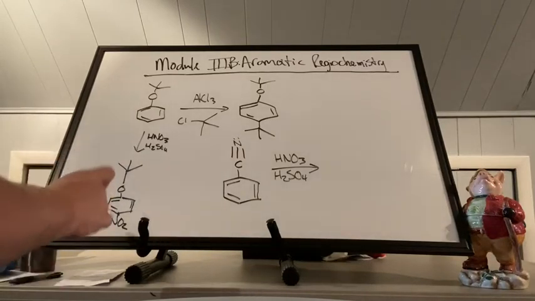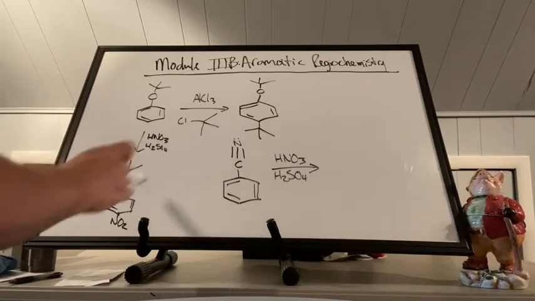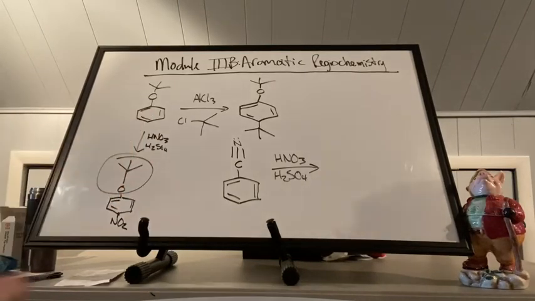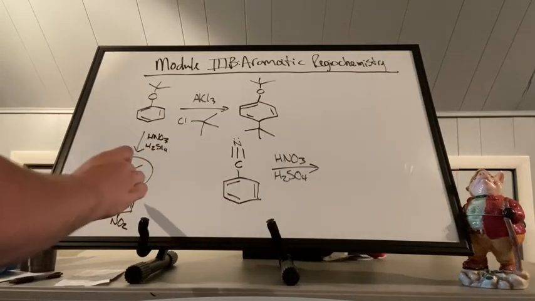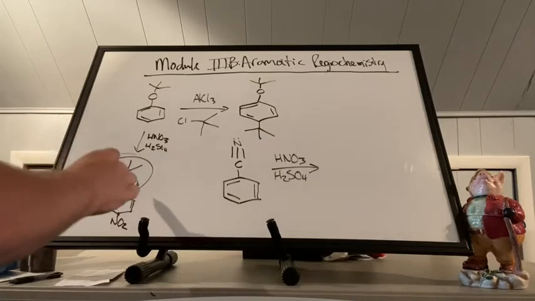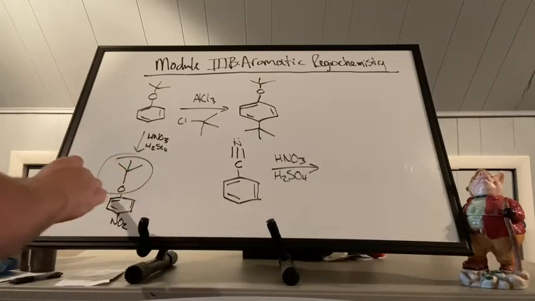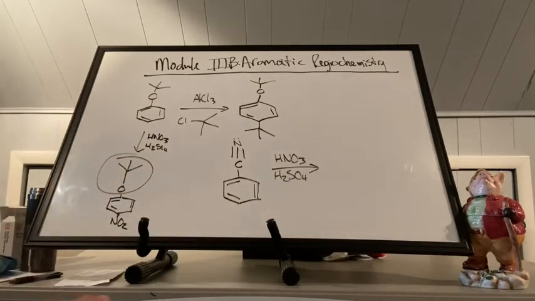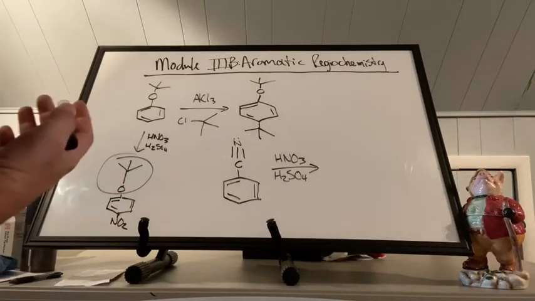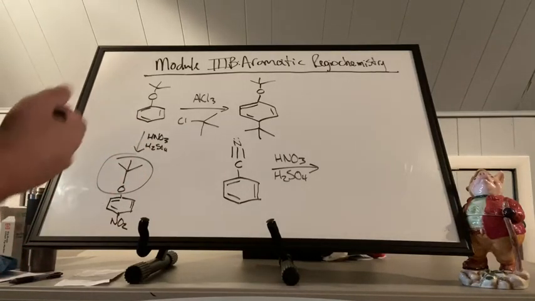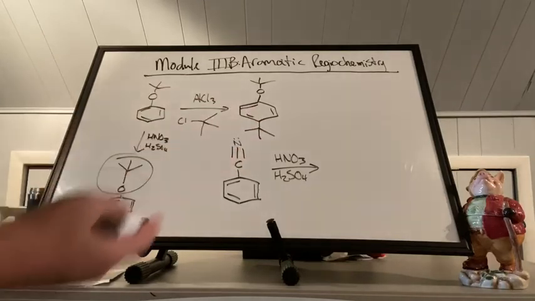And again, there's going to be a para relationship, seeing as this is just too bulky. Again, that's not to say that a small percentage of the nitration is not going to occur ortho. You're just looking for highest yields, right? So this is a particular type of instance where you're just going to get more para than you are ortho.